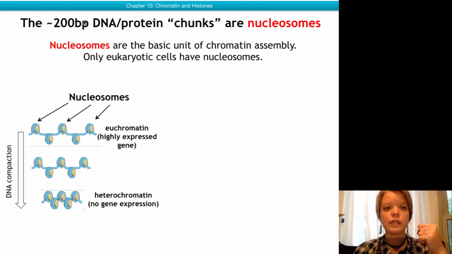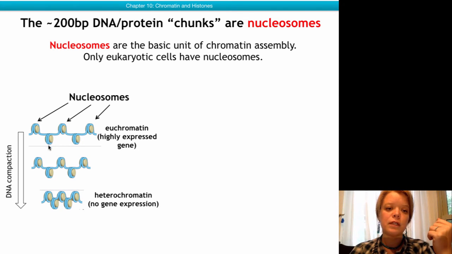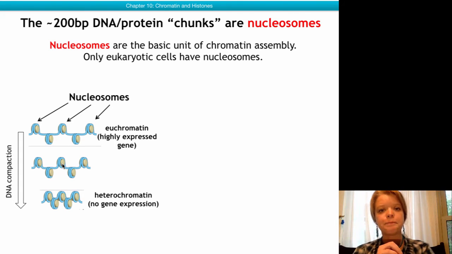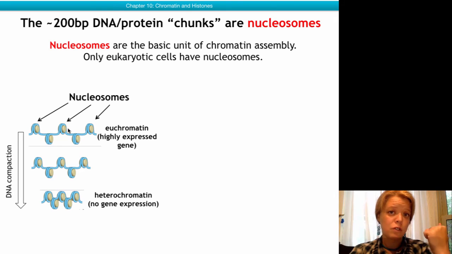The reason Roger Kornberg's group was getting 200 base pairs instead of 147 is that even that way the nucleases couldn't quite get in, and they would be cutting somewhere in the middle. Nucleosomes are DNA plus protein, and they can be arranged on DNA in various ways.